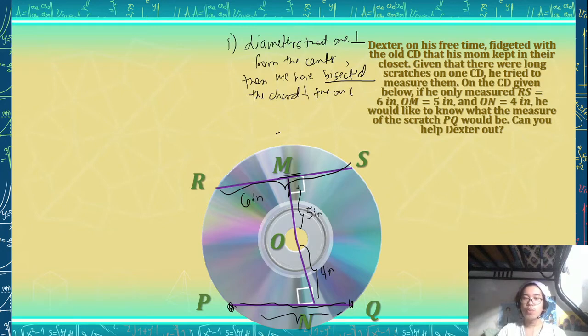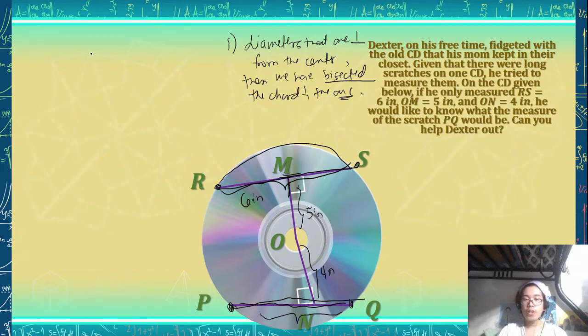For this problem we have two components here. We have chord RS and then we have chord PQ. I mentioned the word arc, but we don't really need the arc for this one. There is an arc RS and an arc PQ, but since we're only looking for the measurement of PQ, we don't really need the arc. So according to this theorem about chords, the chord here is going to be bisected.